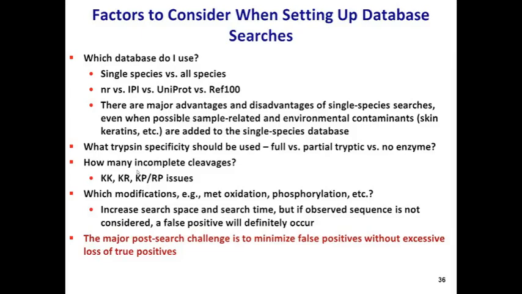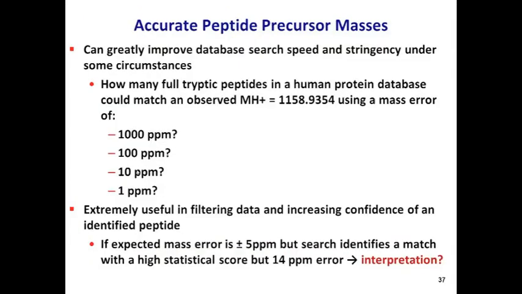The major post-search strategy is to minimize false positives while maximizing true positives. There are a number of different strategies that have been developed to maximize depth of sequence coverage, and this is an active area of ongoing research in proteomics as new and better tools are being constantly developed.